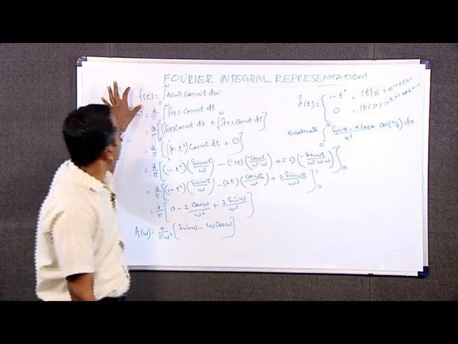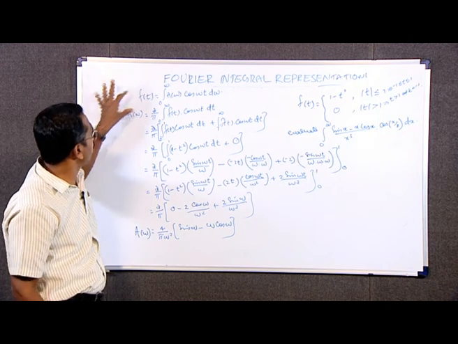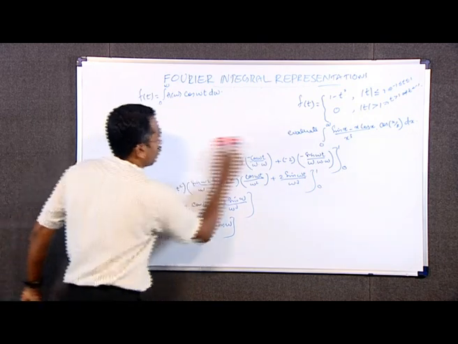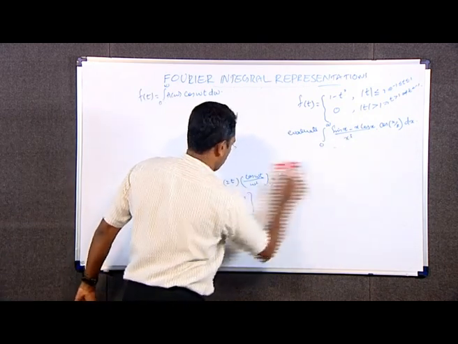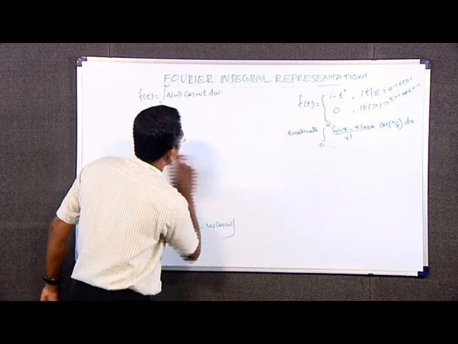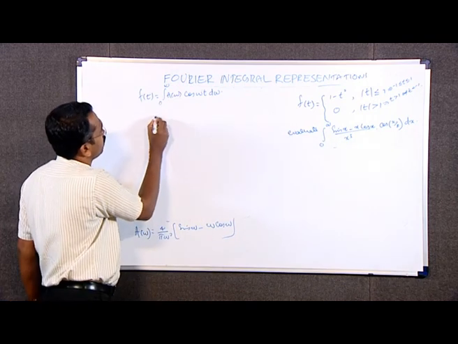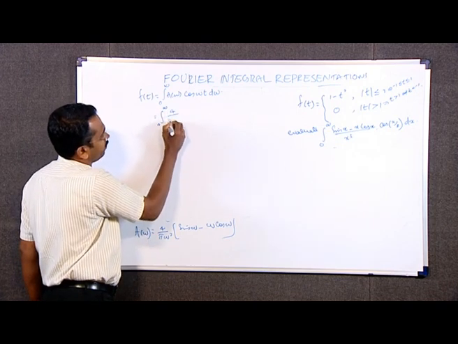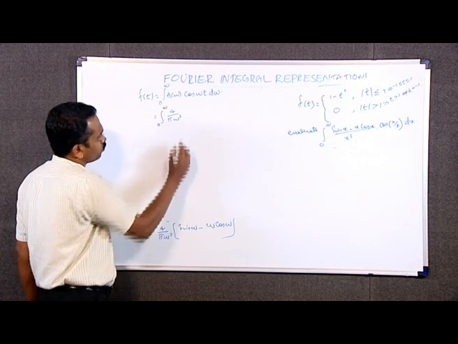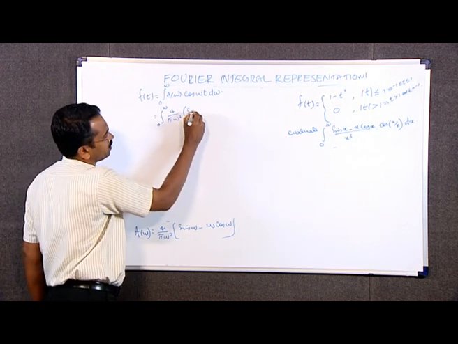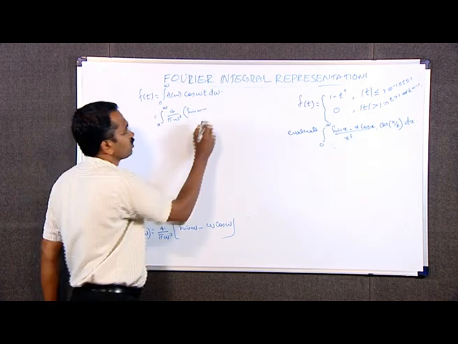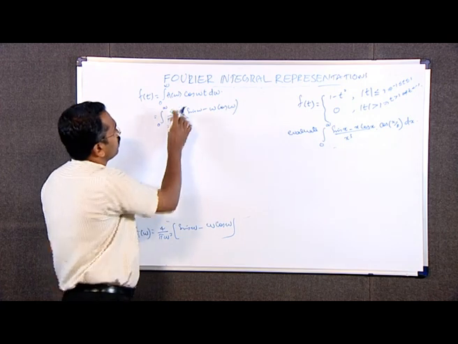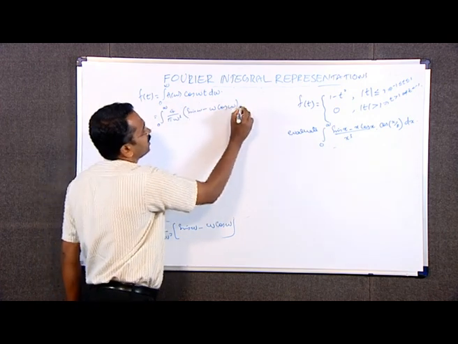And the corresponding representation is given by f of t is equal to integral from 0 to infinity a omega, which is 4 by pi omega cube into sin omega minus omega cos omega, into cos omega t d omega.